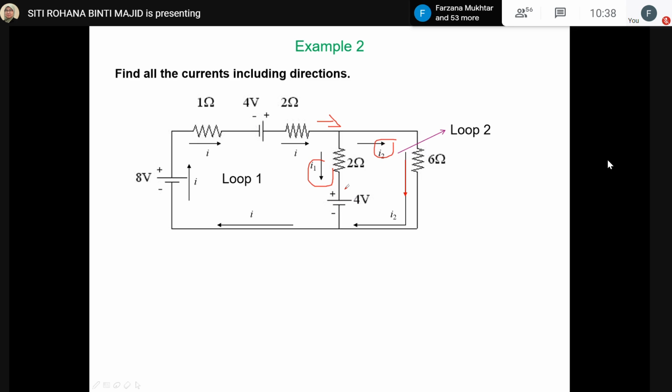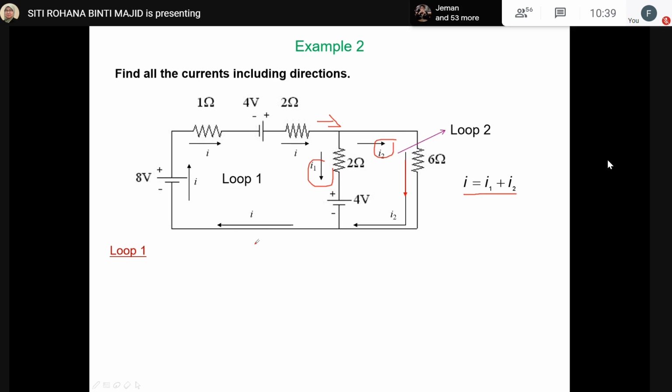But you have to take note of the battery part here. At this junction, I equals I1 plus I2, or I1 equals I minus I2.